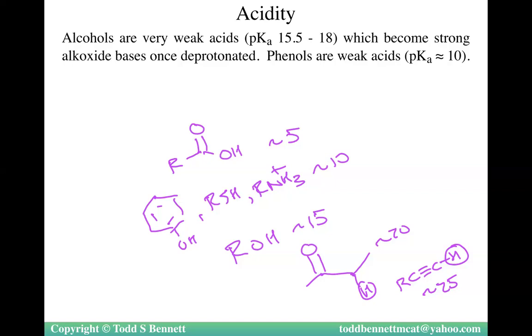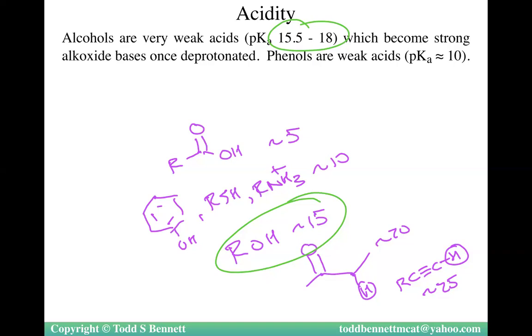I took an average value and used that for my pKa values, and was very, very surprised that my pKa values in my books don't even match, one book doesn't even match the other book, which is kind of crazy. But that's because more information was gathered for one than the other. The point being, no two textbooks, no two research papers, no two professors in class, no two review books, no two anything will have quite the same values. So know them in general. If you know them in general, you'll be in good shape. So 5, 10, 15, 20, 25 for your common organic compounds. So for us, that's where this comes from.